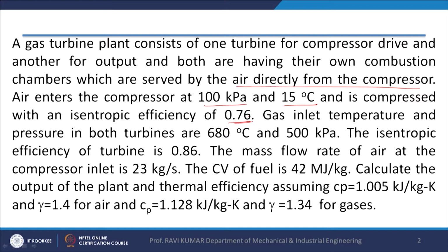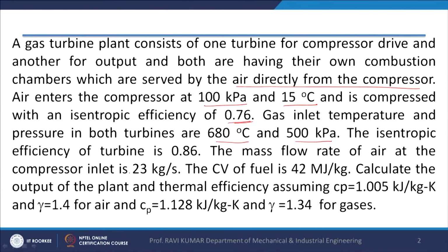Gas inlet temperature and pressure in both turbines are 680 degree centigrade, 500 kilopascal. It means at the entry level for both the turbines, the temperature is same, right. But one turbine is producing only that much output which is sufficient to drive the compressor. So, mass flow rate in both the turbines is not same, it is different.